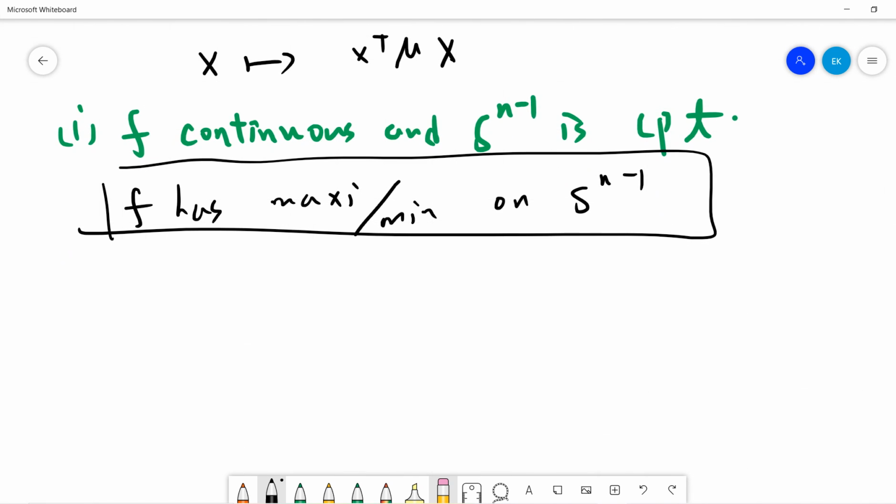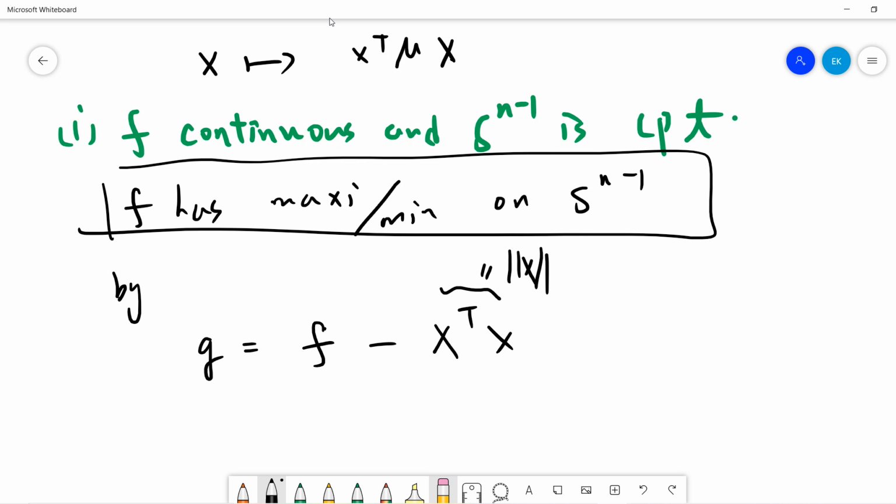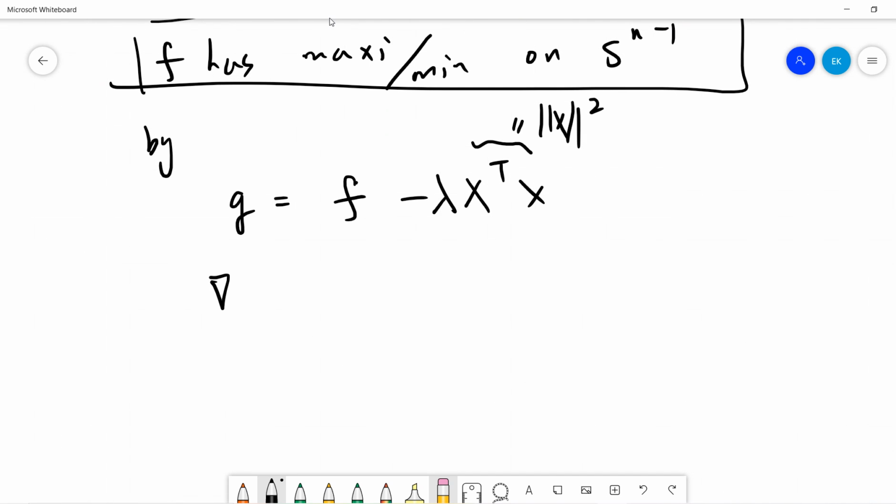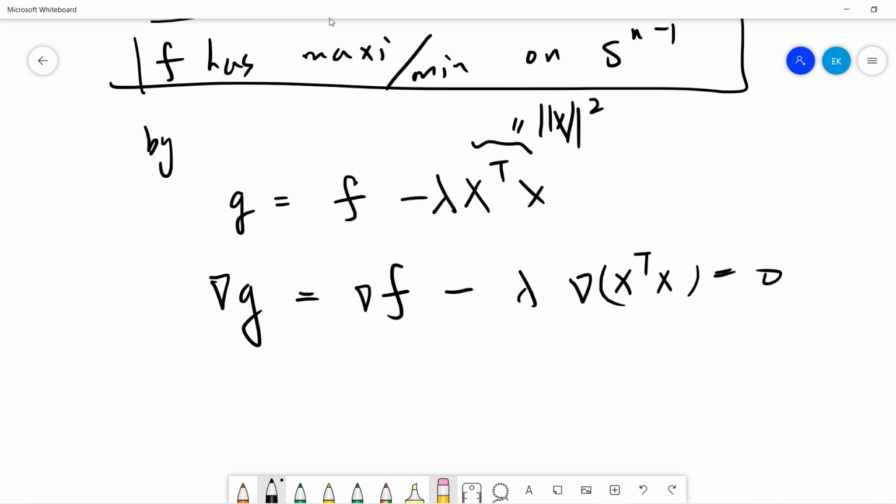Okay, so by the Lagrange theorem, the Lagrange multiplier, you can define G, which is just f minus lambda x^T x, right? Because this is the constraint, which is just x squared, and I define x squared to be 1. So this is a constraint, and there's a Lagrange multiplier I call lambda. So gradient G will give you gradient f minus lambda gradient x^T x should equal 0.